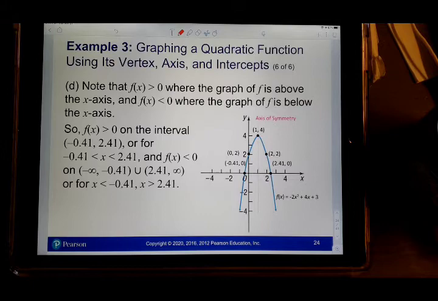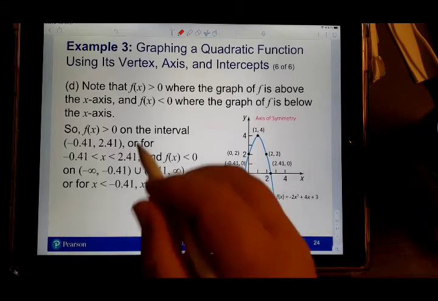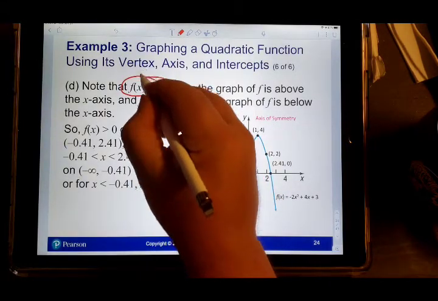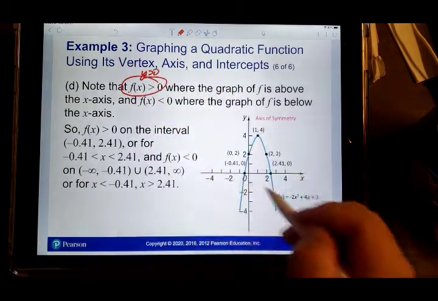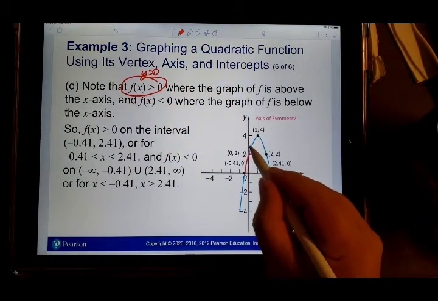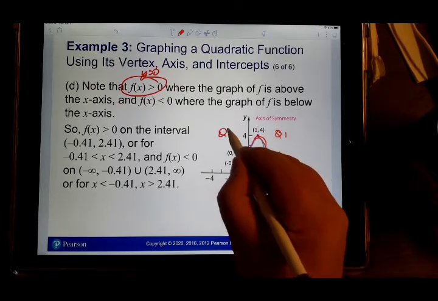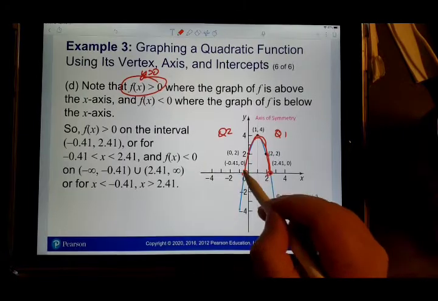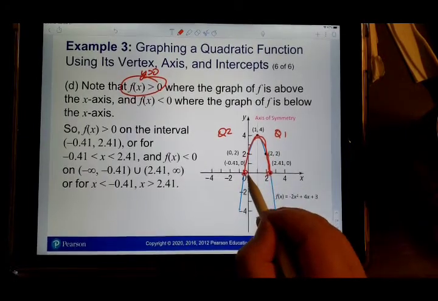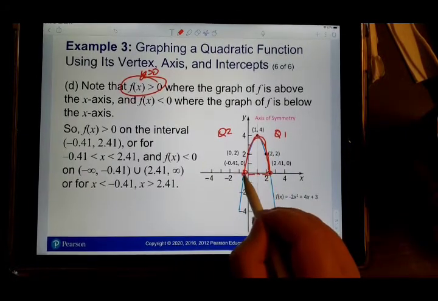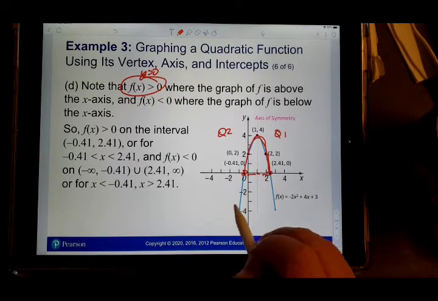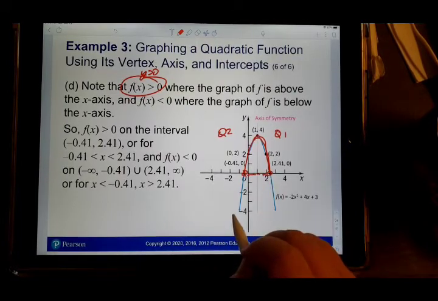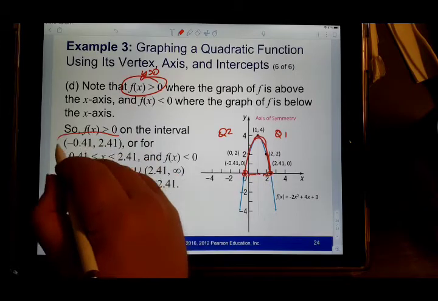And what were the next questions? Next question is, when is the function greater than 0? All right, well, the function's greater than 0 anytime you're in quadrant 1 or quadrant 2. That's when the function is greater than 0. So the function is greater than 0 on this interval between the intercepts. So they wrote it this way.